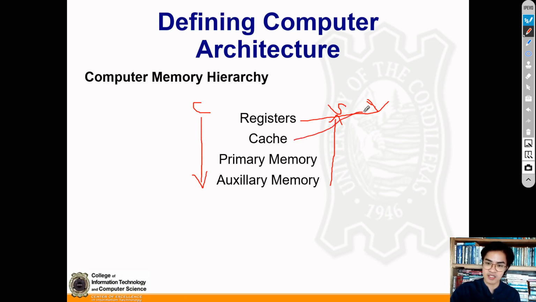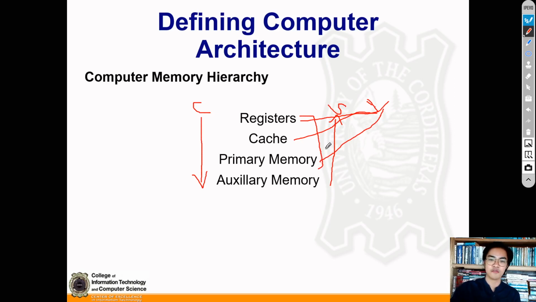Also with cache, values can change at any given time. Primary memory is also volatile because it changes as well over time, and it can be erased. So that's another concept I forgot to mention. Volatility is not just about the speed of changes of the values. It's also about deletion, because these three are volatile.